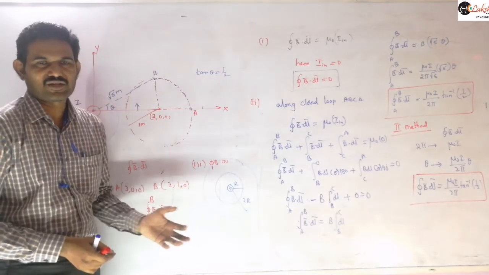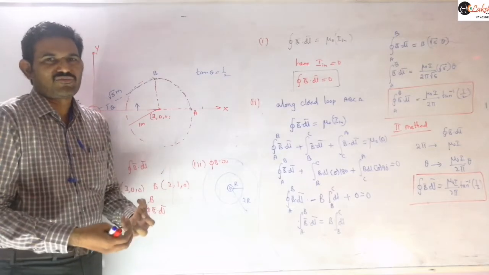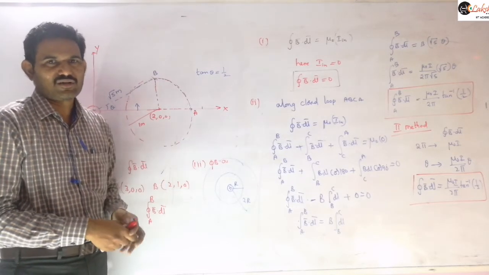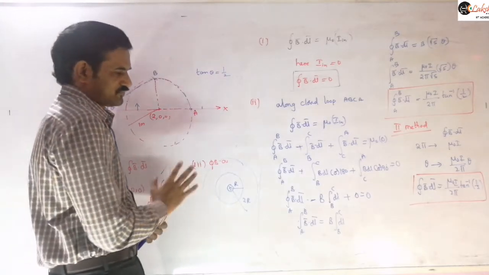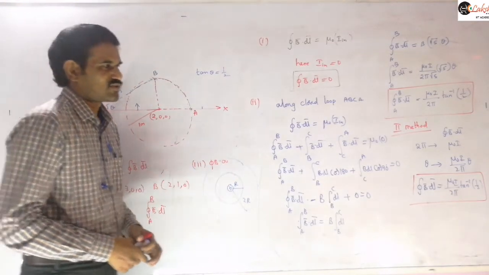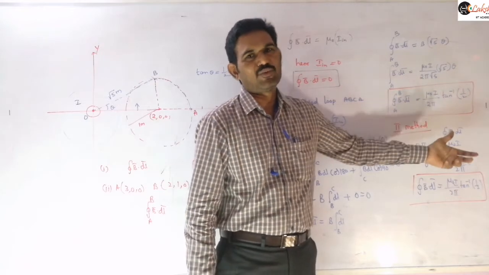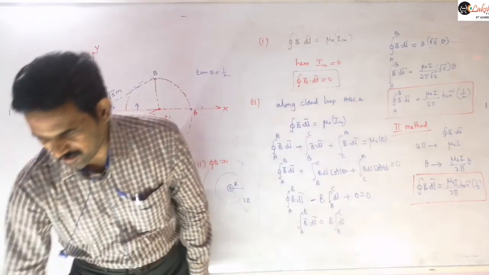It remains the same. If it encloses a current I, this value remains the same and does not depend on the size. So for 2 pi angle we take it as mu naught I, and for theta angle we can answer easily.